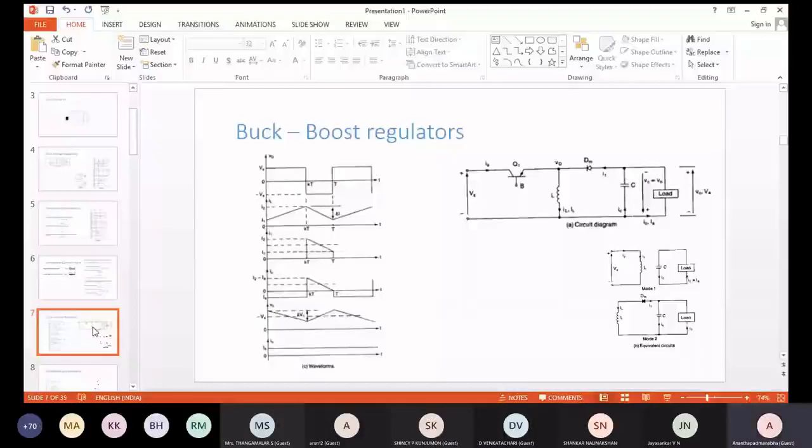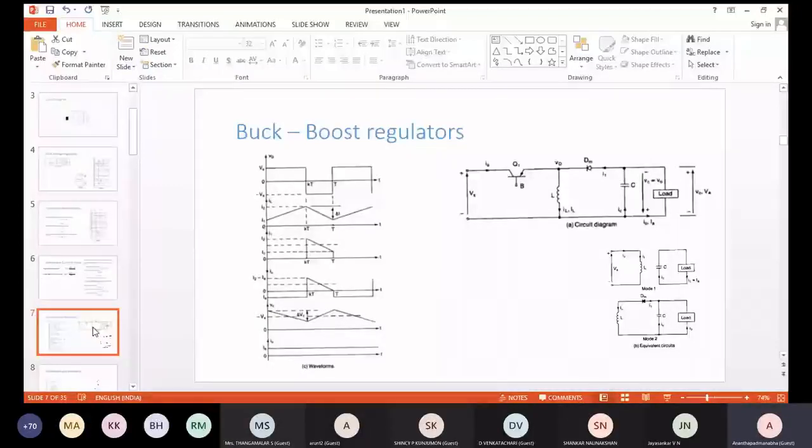So theoretically, there is no difference between a buck boost regulator, buck boost converter, and a flyback converter. Both are the same. The only thing is, the flyback converter is the isolated version of the buck boost converter. That's all. So the same procedure is followed here also, even with the buck boost regulator.